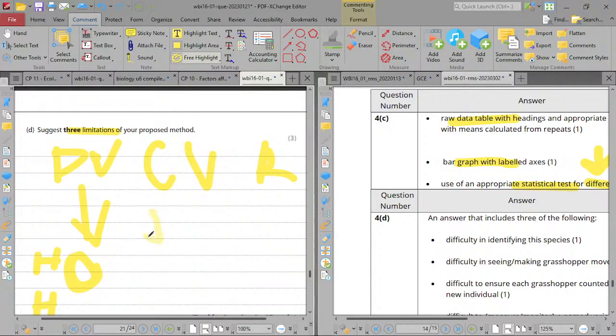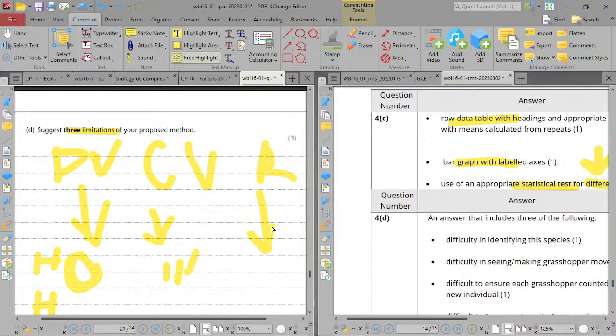Control variable is hard to control temperature, light intensity and weather. And the result is we might scare away the grasshoppers, so the data might not be accurate for what it is naturally.